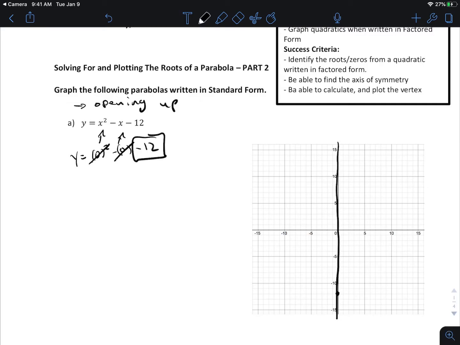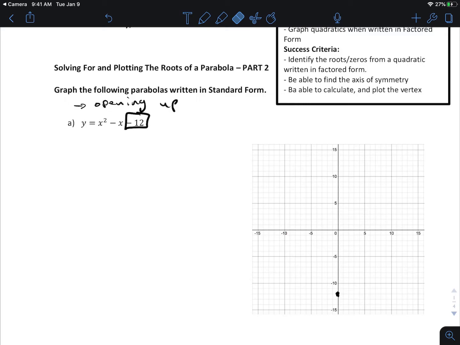Wherever the axis of symmetry is, there's going to be another point on the other side, an equal distance away from the axis of symmetry. So just another point that you have available to you, right? I'll show you that after. Let's run with the fact that I can read the y-intercept right from the equation, right off the bat, and the direction, and if there's a vertical stretch or compression, right?